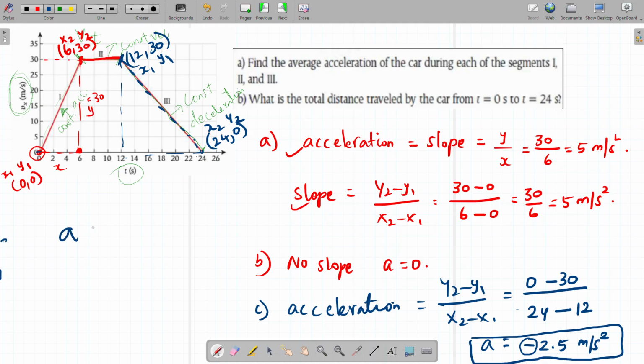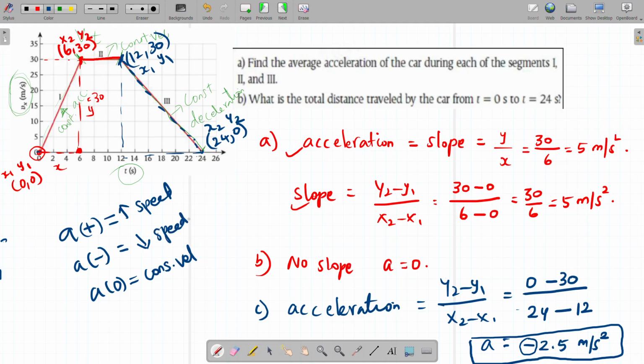If the acceleration is positive, that is speeding up; if the acceleration is negative, slowing down; if the acceleration is 0, constant velocity. A positive means increasing speed or velocity, negative means decreasing speed or velocity, and constant velocity means acceleration is 0.